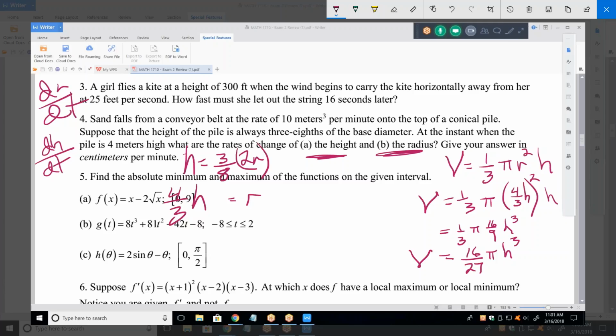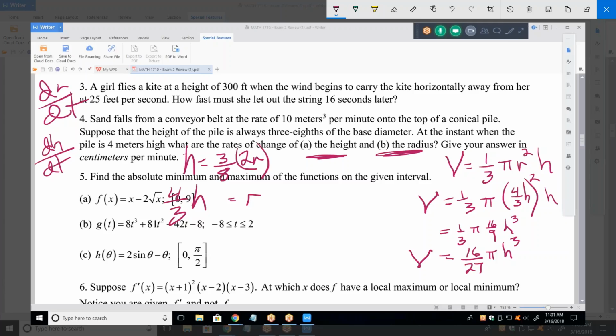Usually you have to do it implicitly. But here's the thing: you would never have to even know explicit differentiation. Implicit differentiation works everywhere. In other words, what do I get if I implicitly differentiate this with respect to t?